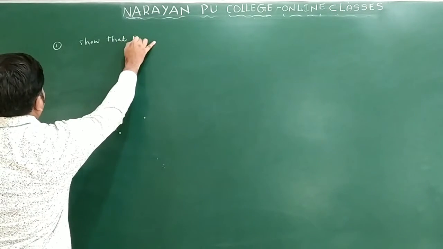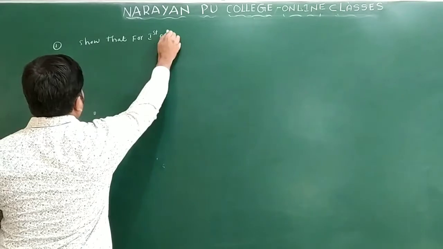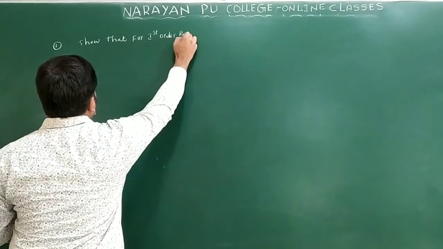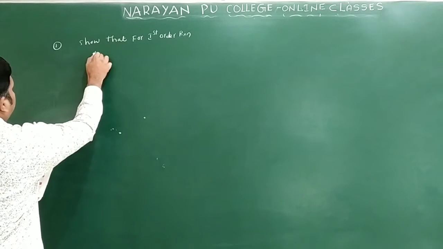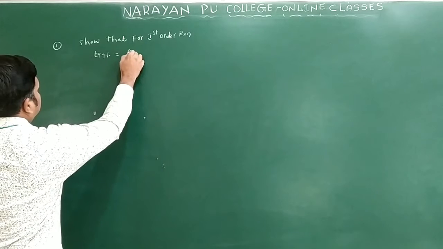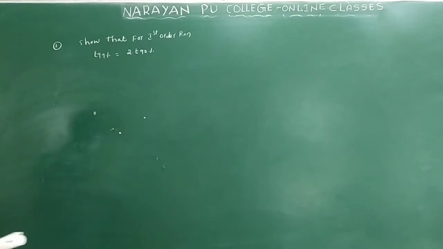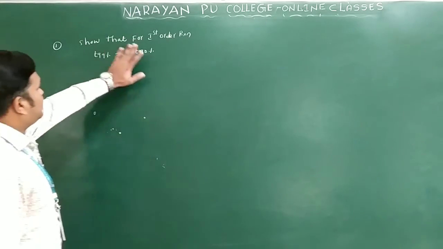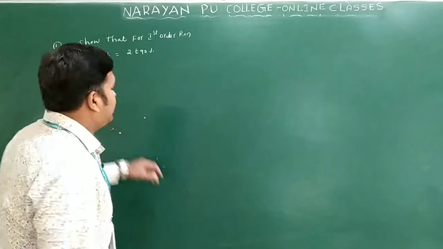This is the question. Show that for first order reaction T 99% is equal to 2 into T 90%.